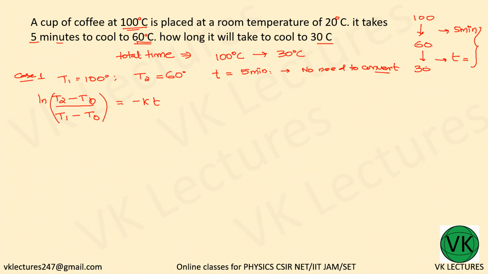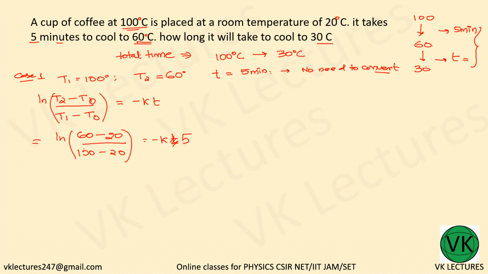So that is equal to log, what is the second temperature? 60 minus 20 divided by T1, which is 100 minus 20, equal to minus kt, and time is 5, so I can write it as k into 5.